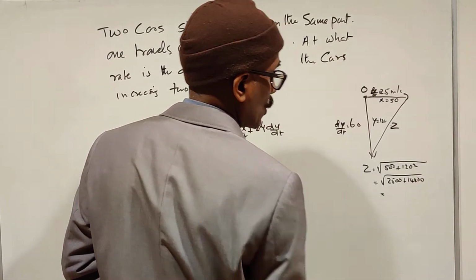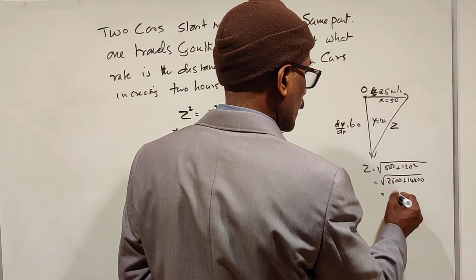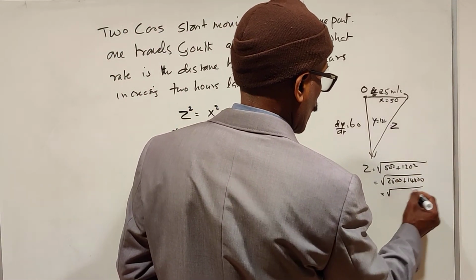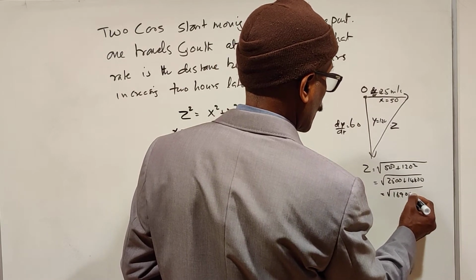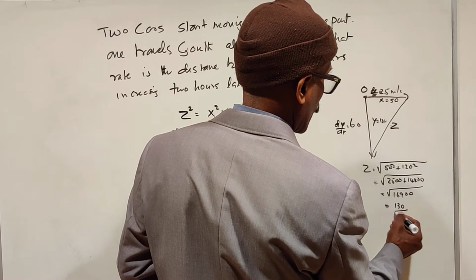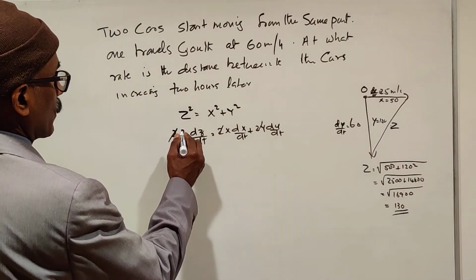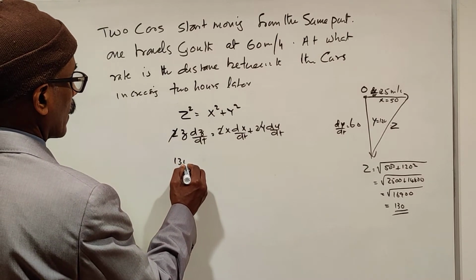So when you add these two, 16900, the square root equals 130. Okay, z is 130.